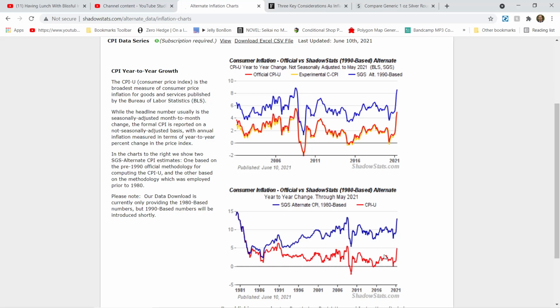Another way they mess with it is with something called hedonic adjustments. So imagine this. Say for some reason a video game console is built into the inflation statistics. It's 1985 and we're buying a Nintendo, the original Nintendo Entertainment System, and I remember it being $100 at the time, and we got the set that had the controllers and Mario Brothers, Duck Hunt and the Zapper for $100.